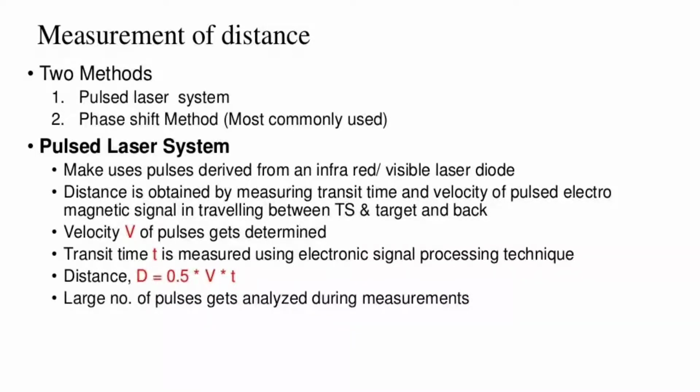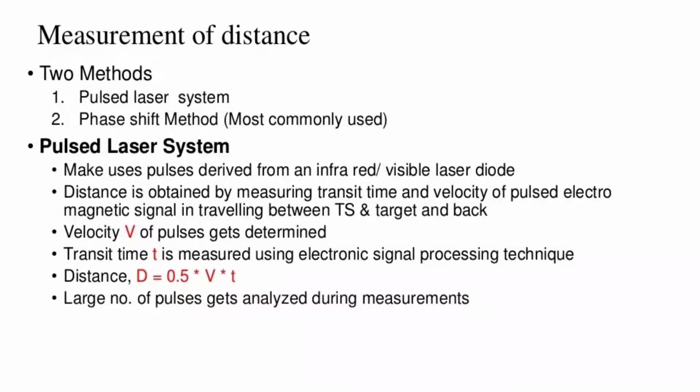It is essentially based on the simple concept that distance is a product of velocity and time. It uses pulses derived from an infrared or visible laser diode. Distance is obtained by measuring the transit time and velocity of the pulsed electromagnetic signal in traveling between the TS and target and back.